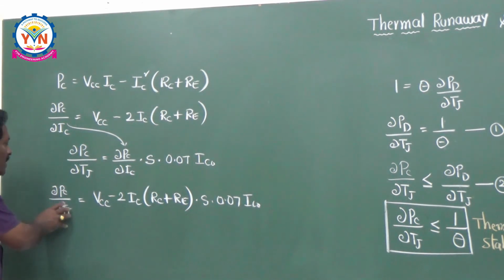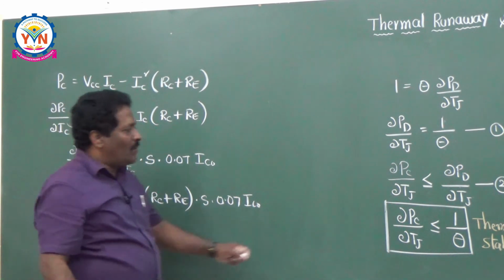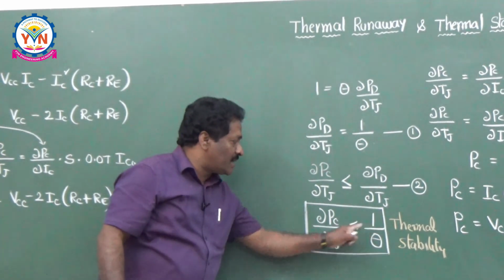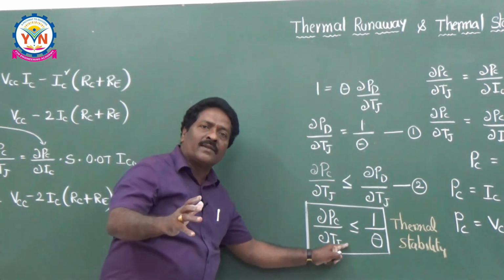So this dou PC by dou TC should be less than or equal to 1 by theta, which is nothing but the thermal resistance. It is the condition required for getting the thermal stability.